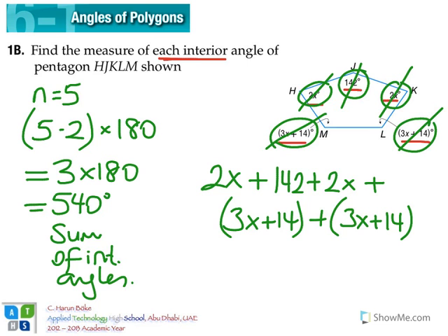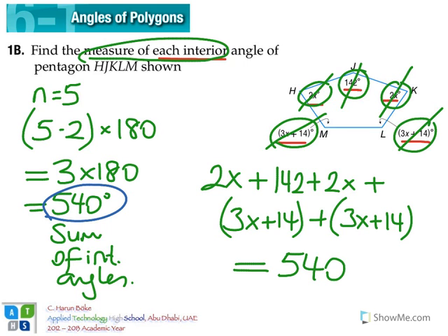So this is also the sum of interior angles, so it should be equal to this value that I have found. So it will be equal to 540. This is the equation I'm going to solve to find the value of x first and then the measure of each interior angle. So let's see how.